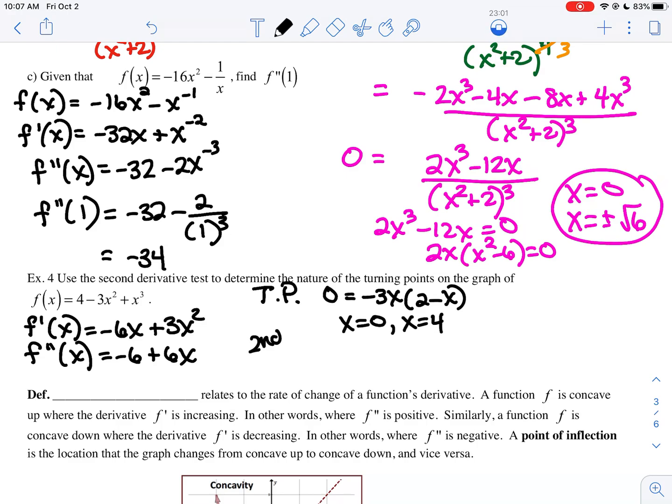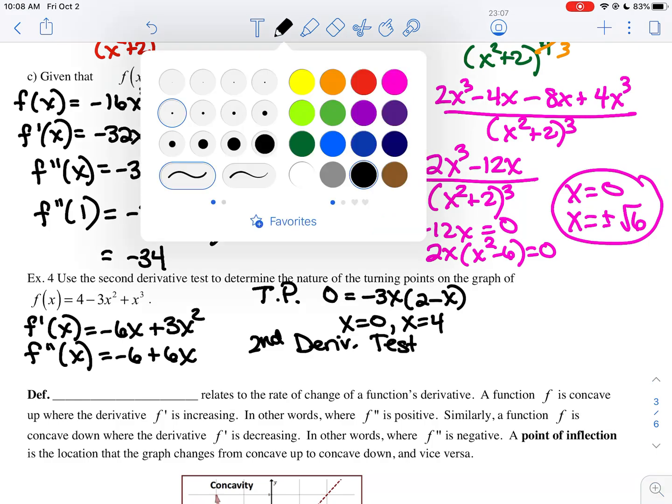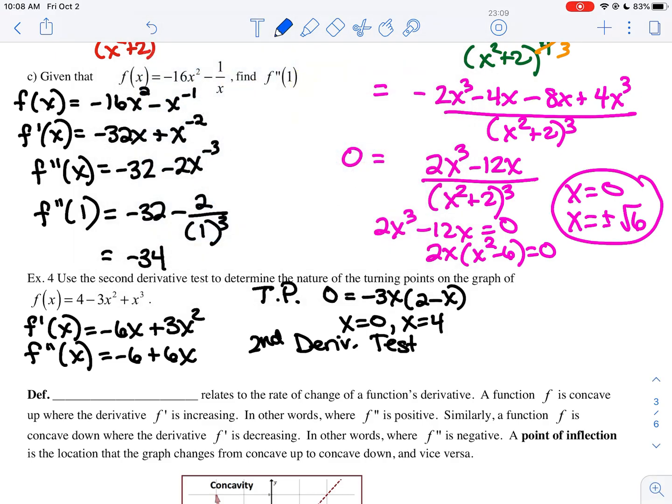So then the second derivative test says this. Plug in f double prime of 0. F double prime of 0 is negative 6. So what that means from the second derivative test, if the second derivative is negative, then 0, 4 is the local max.